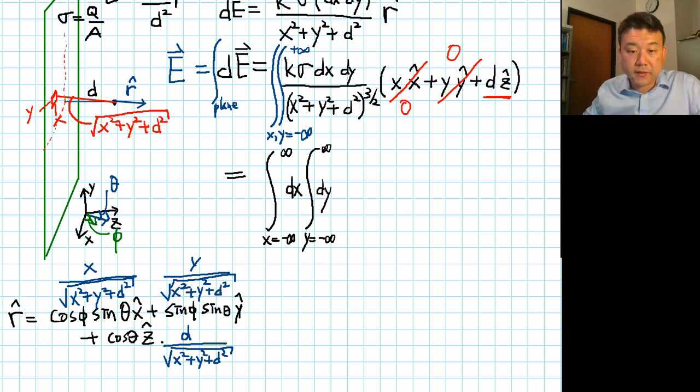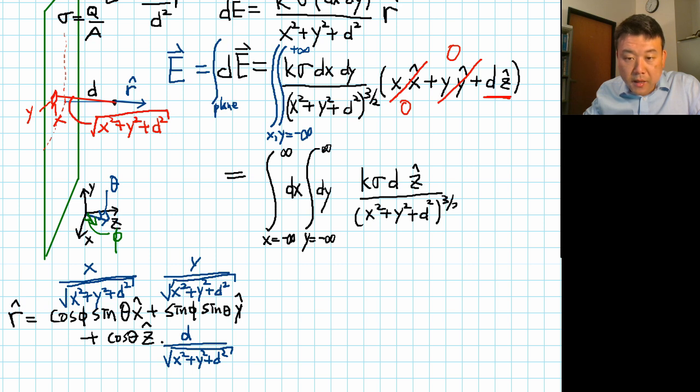So the whole integrand, having factored those two things out, is k sigma d g hat over x squared plus y squared plus d squared raised to the power of 3/2. All right. If this is beginning to look similar to what we did the last time, then yeah, it is similar to what we did the last time.